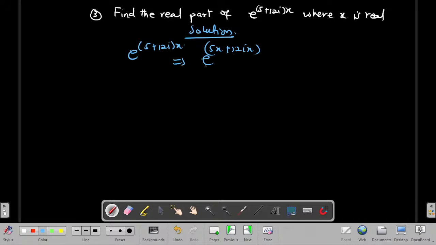Now you've simplified. After this step, what are you going to do? Decomposition. Remember that for every polar form representation, there's i. So if you have a term without i, you can easily kick that outside the complex zone. So I'll just have e to the power 5x multiplying e to the power 12ix.